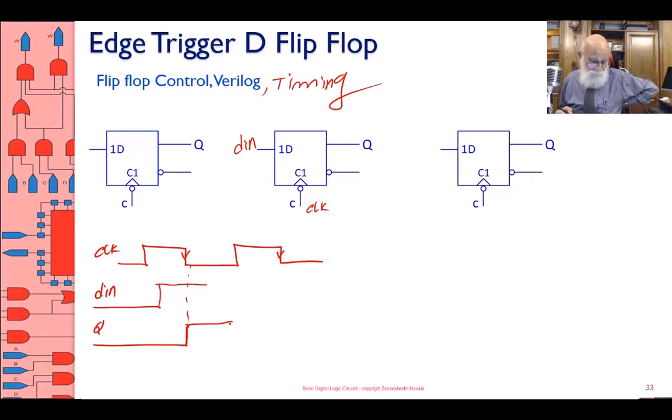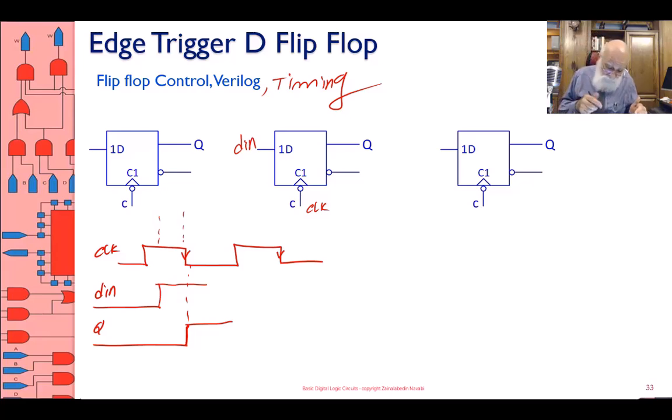Notice that my DN is changing at this point, and then the falling edge of the clock, the active edge, arrives. We say that before the active edge of the clock arrives, you want to make sure that your DN is changed long enough before the active edge to have a chance to set up itself.